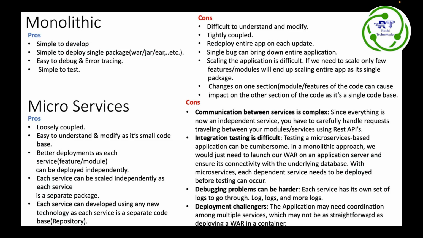Hundreds of files will be there, and each file will have so many lines of source code. If any new developer joins that application team, or existing developers have to do some bug fixes or enhancements, it is very difficult to understand and modify the source code.